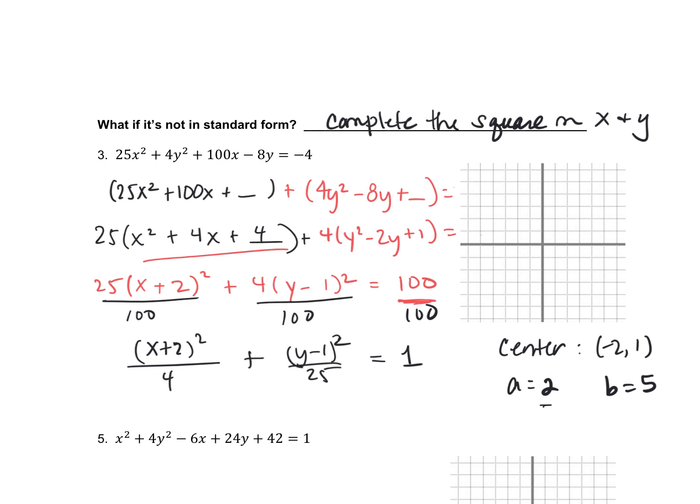All right, so graph it. Negative 2, 1. And then I'm going to go over 1, 2.